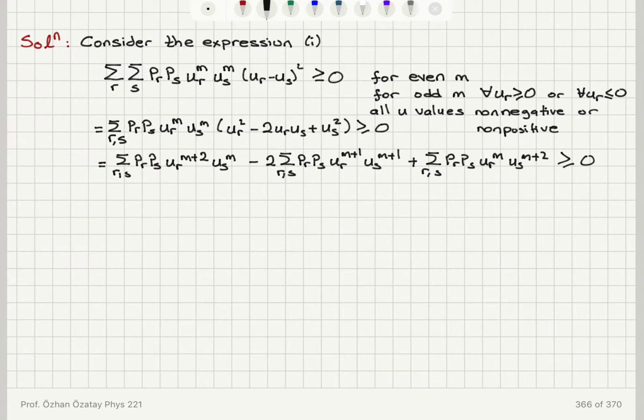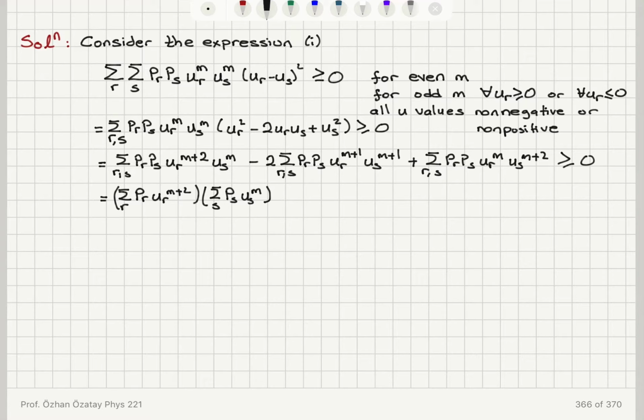Now I can look at this expression and see that this is the product of two summations: sum over R, PR, UR to m plus 2, multiplied with sum over S, PS, US to the power m.